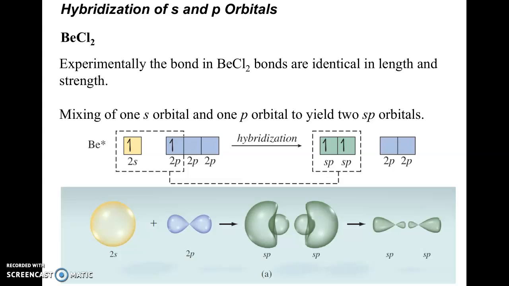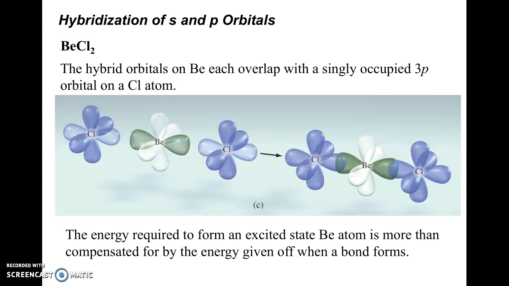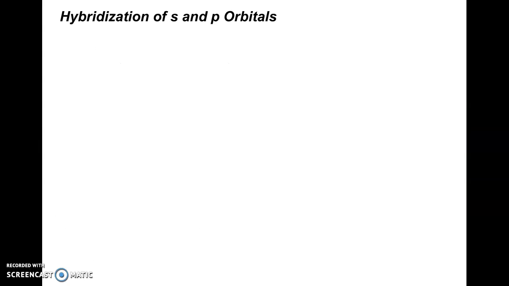Then we can see in the little diagram below, the sp's have this funny shape, but they can overlap with the p's in the chlorine to form the beryllium dichloride. That chlorine does have a singly occupied 3p orbital, and so that's how we actually form the molecule.